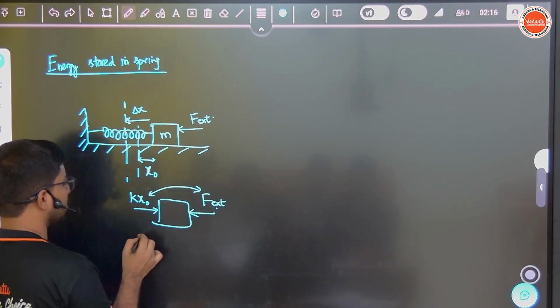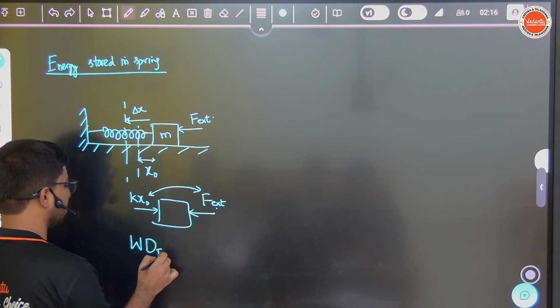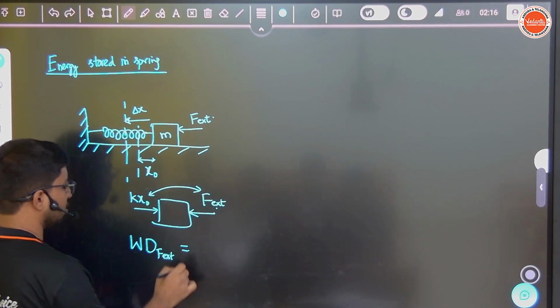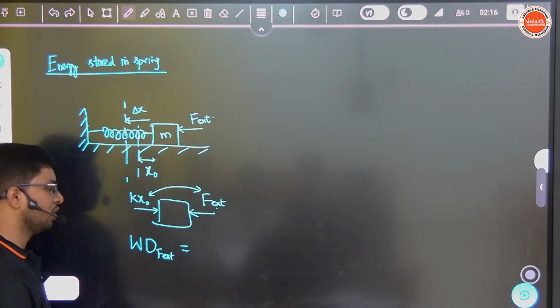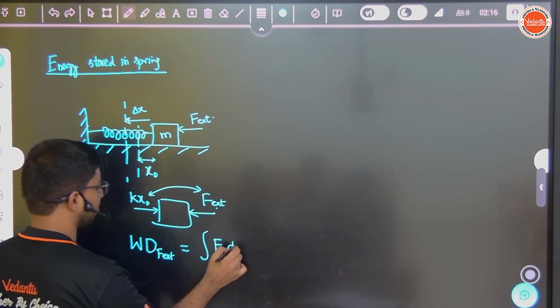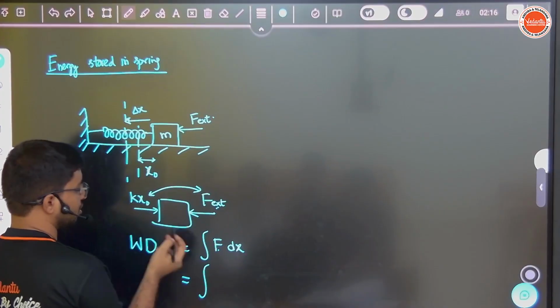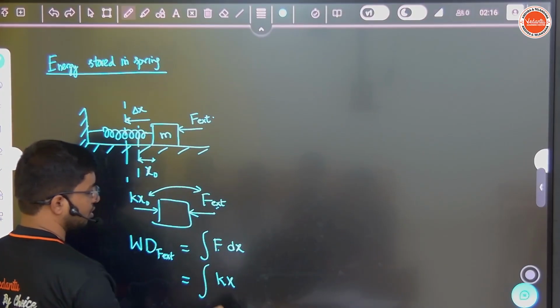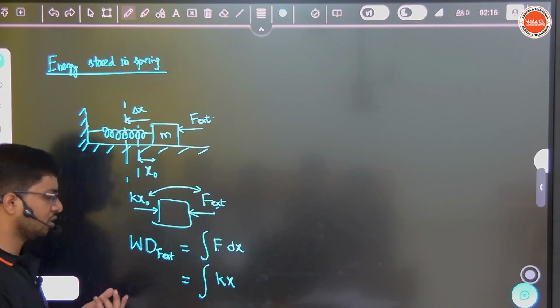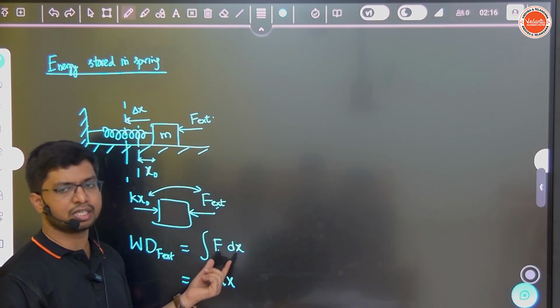So if both of them are equal, then let us calculate the work done by this external force. That is equal to integral f dx, right? And what is that f? F is the external force, which is always equal to kx. I'm taking x as the compression at any instant.